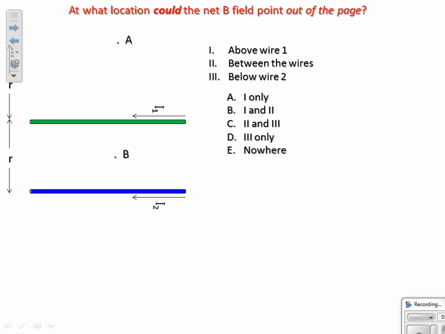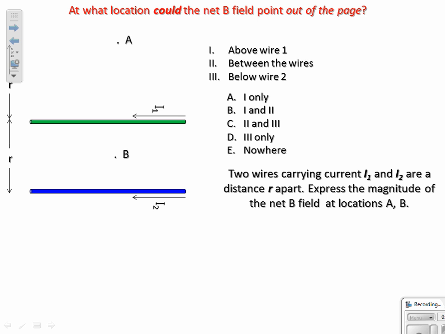So here, we're actually going to do that for these two wires carrying currents I1 and I2. I want you to answer this. Bring me your answer. Let's write an expression for the magnitude of the net field at locations A and B. So at location A, the field from wire 1: the current goes this way, right thumb is that way, fingers jam into the board, field up here looks like that.